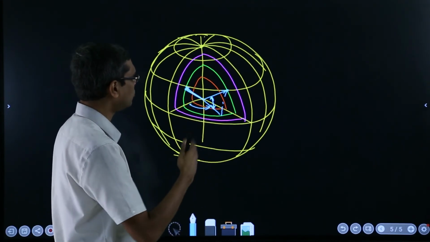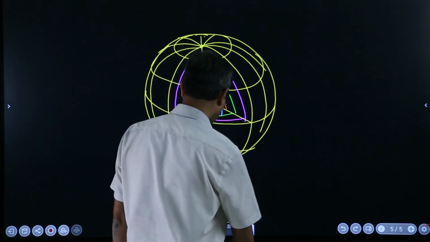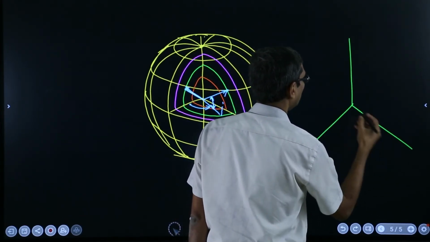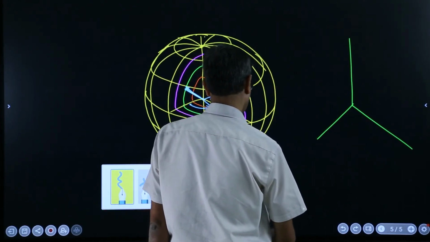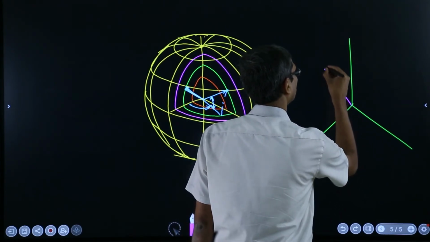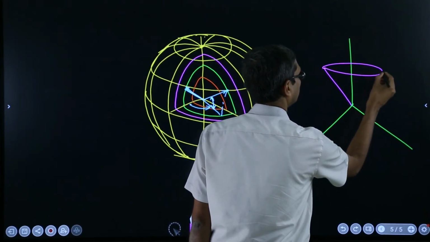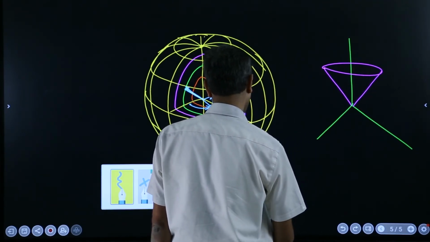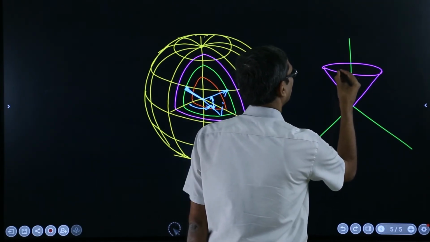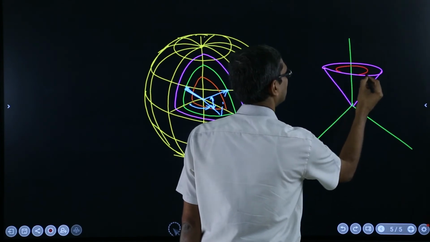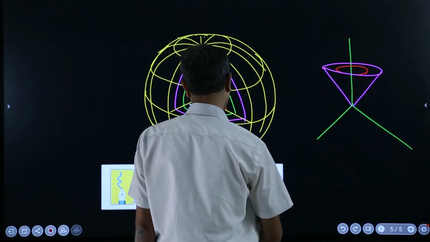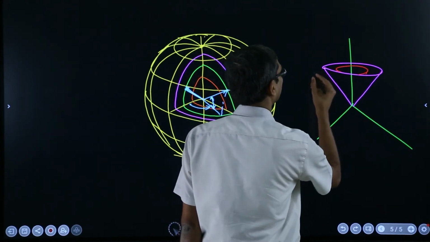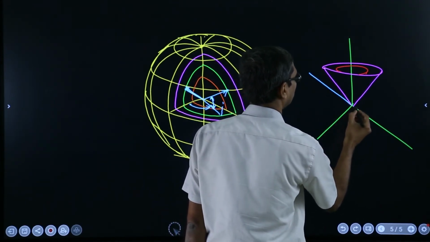So those are different conical surfaces. If I draw it here, different cones. So this is one phi. Suppose I go for another phi, it will look something like that. Say another phi, then it will look something like that.